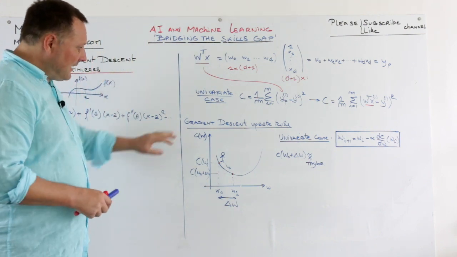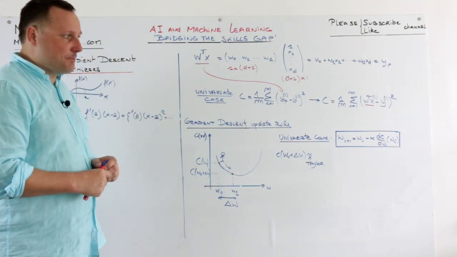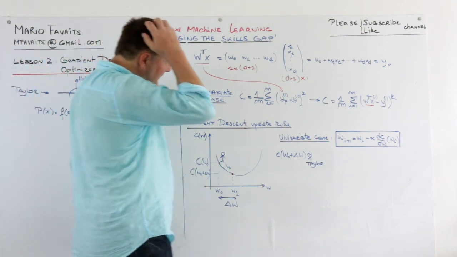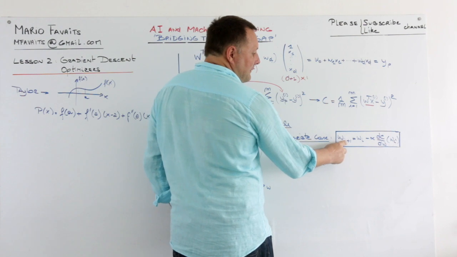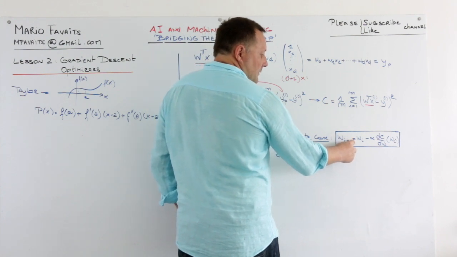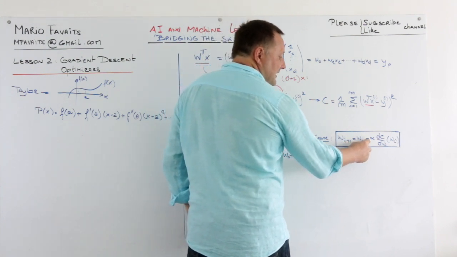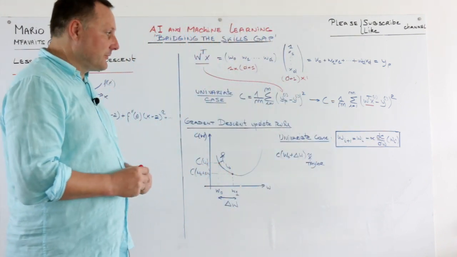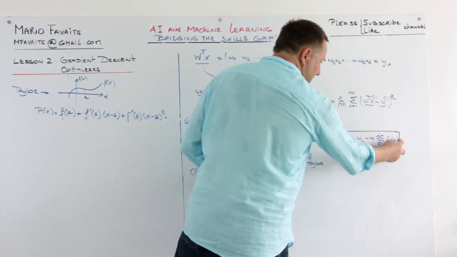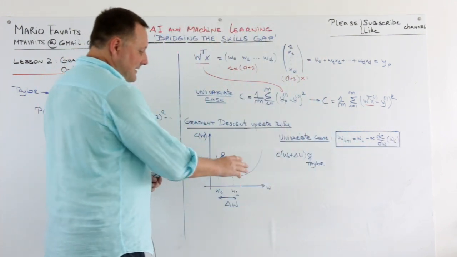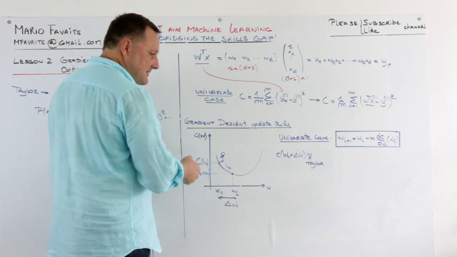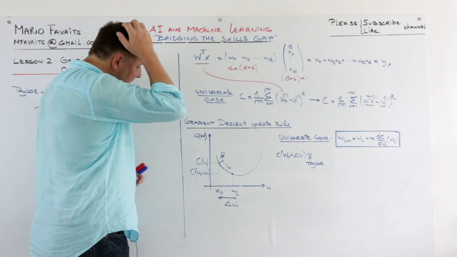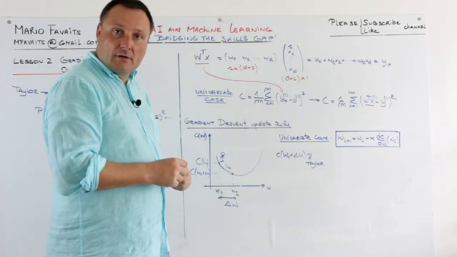Now let's look at the gradient descent update rule. Remember, in the univariate case, if we wanted to go to Wi plus 1, we took Wi and subtracted alpha dC with respect to W at the point Wi. This is basically what this graph is saying. It's a man walking down the hill. But now we're dealing with more than one feature.